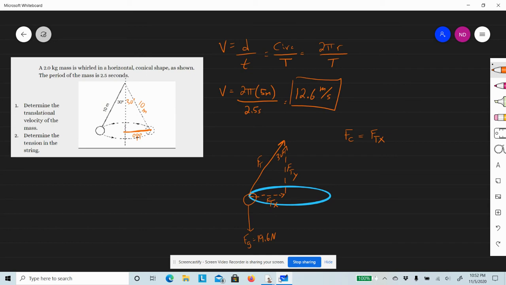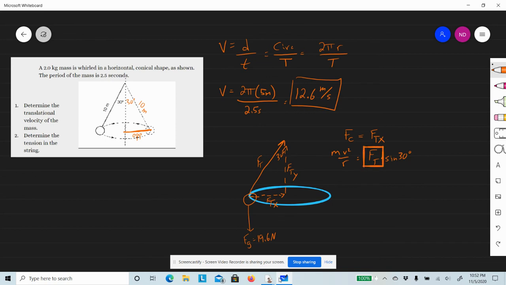So the centripetal force, mv squared over r, is equal to the tension times the sine of 30. And we are asked to solve for that piece.